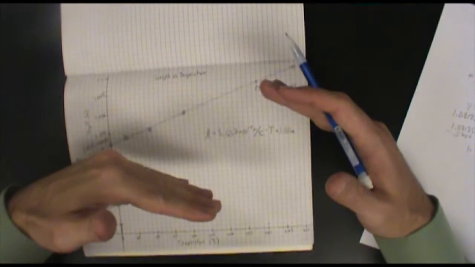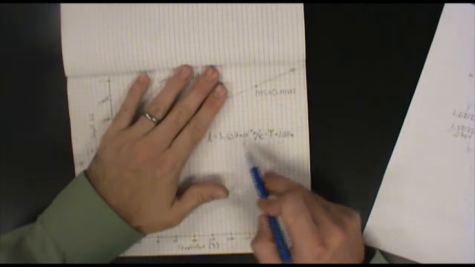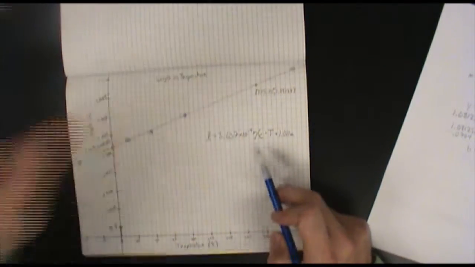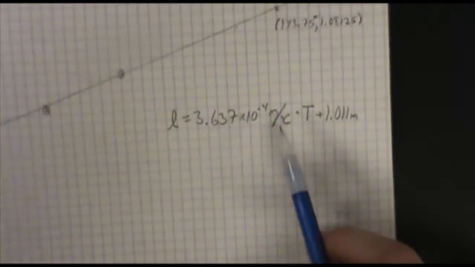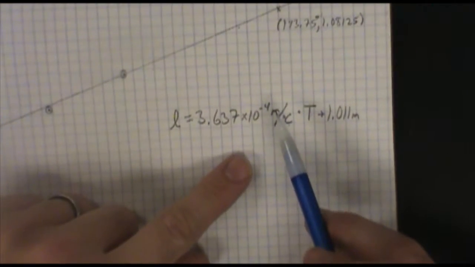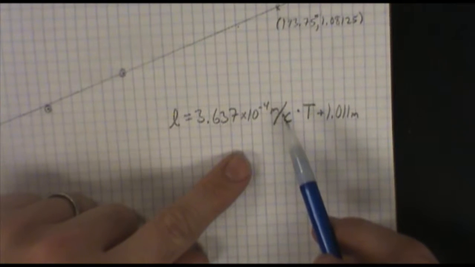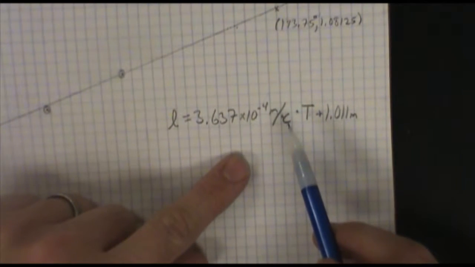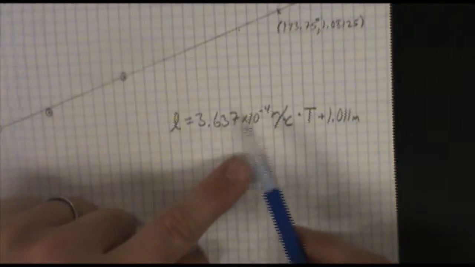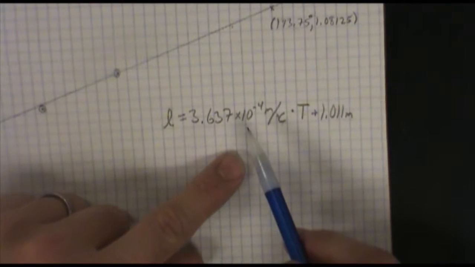Farther away. It gets longer and longer and longer. So this number tells us by how much. Okay, zooming back in. This slope, interpreting it, means that for every 1 degree Celsius that we increase the temperature of our rod, the length increases by this amount. Not very much, but a little bit.